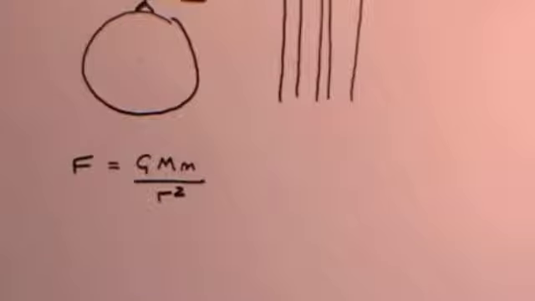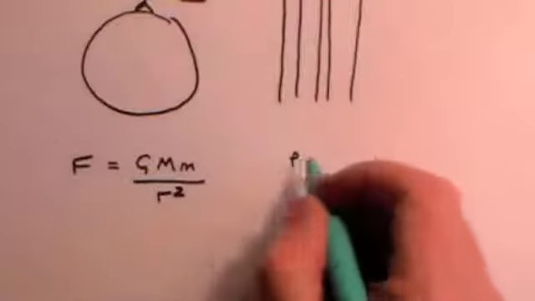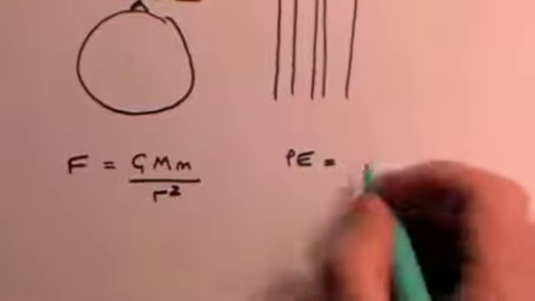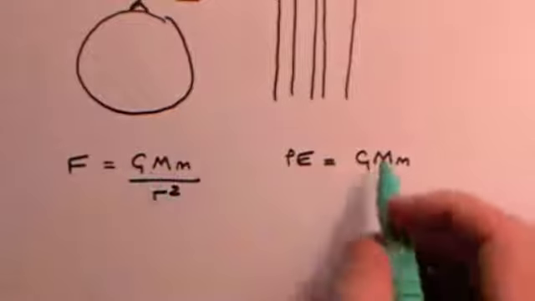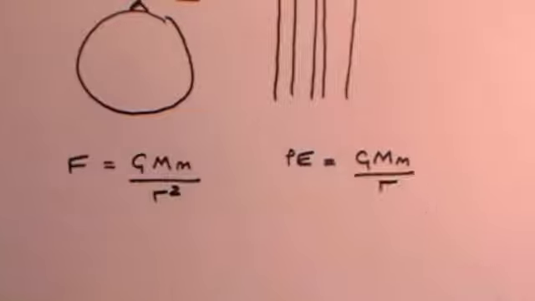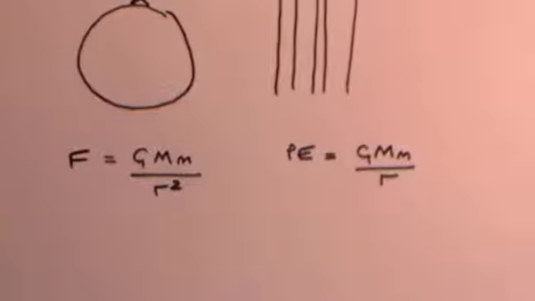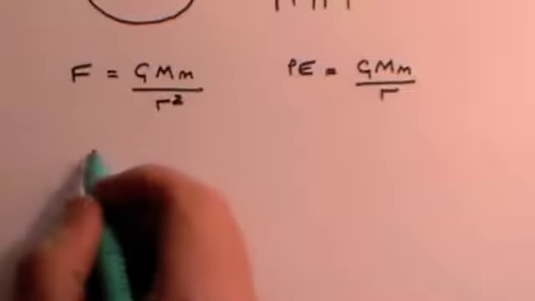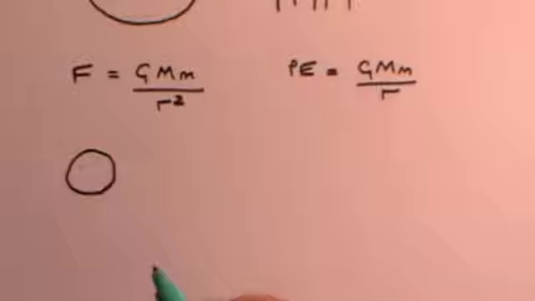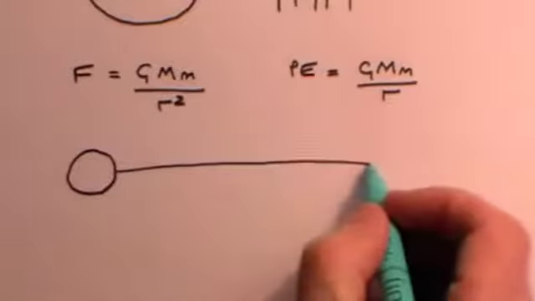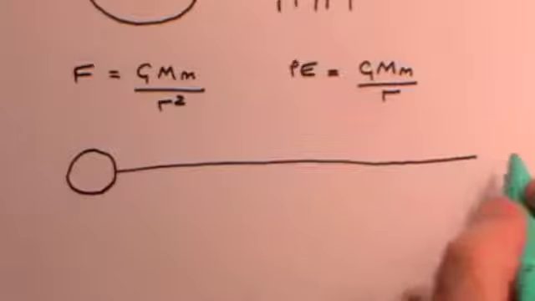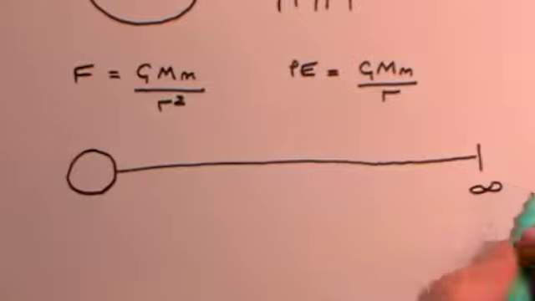We can also remind ourselves that the potential energy is equal to GMm, so it's exactly the same as for the force, but this time it's simply divided by r, not r squared. Now let's consider the Earth from which the tennis ball is going to escape, and what we're going to say is it's going to travel all the way up here and it can never stop until it reaches infinity.